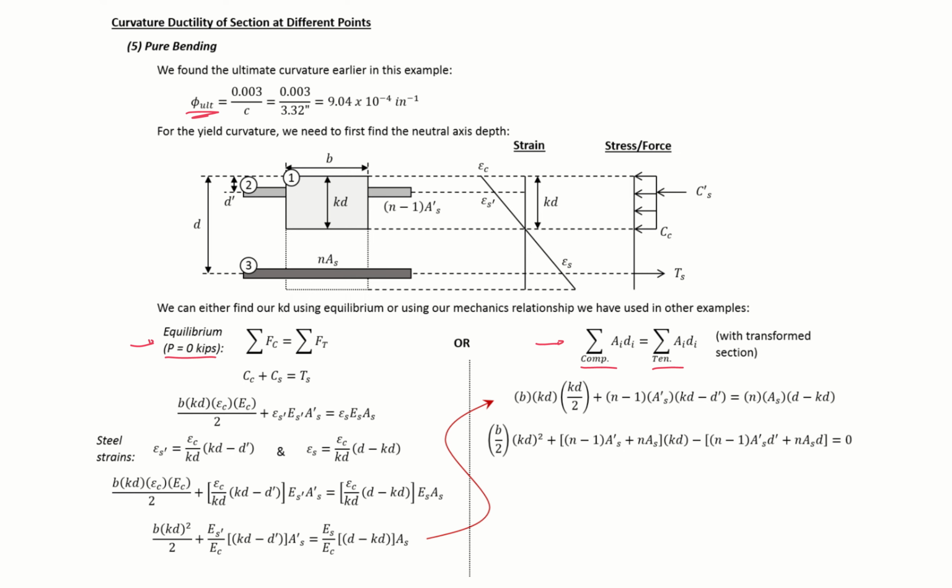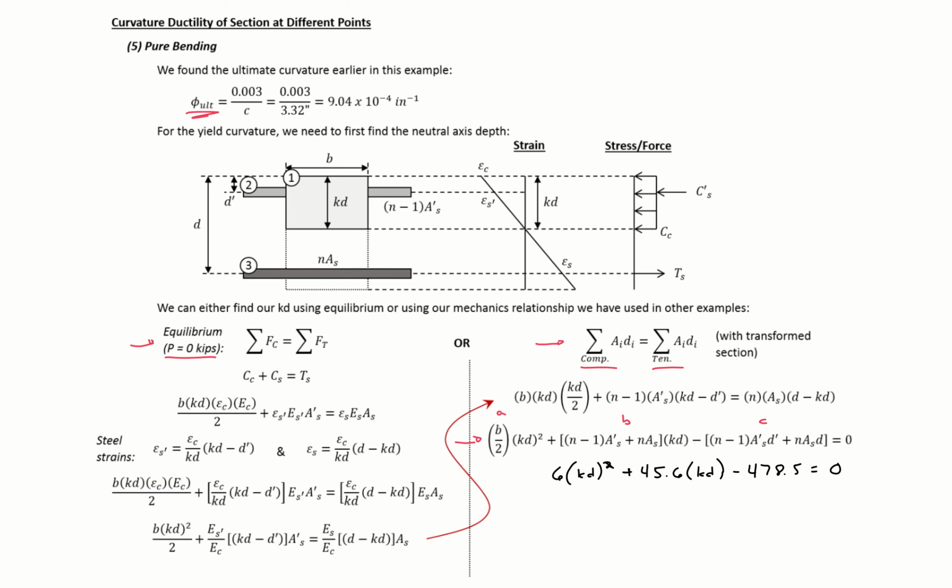So what we can do is simplify this down into this expression, which is just a quadratic with our A, B, and C components. If we plug in all of our known values, we'll get 6 kd squared plus 45.6 kd, and then minus 478.5 is going to be equal to 0.